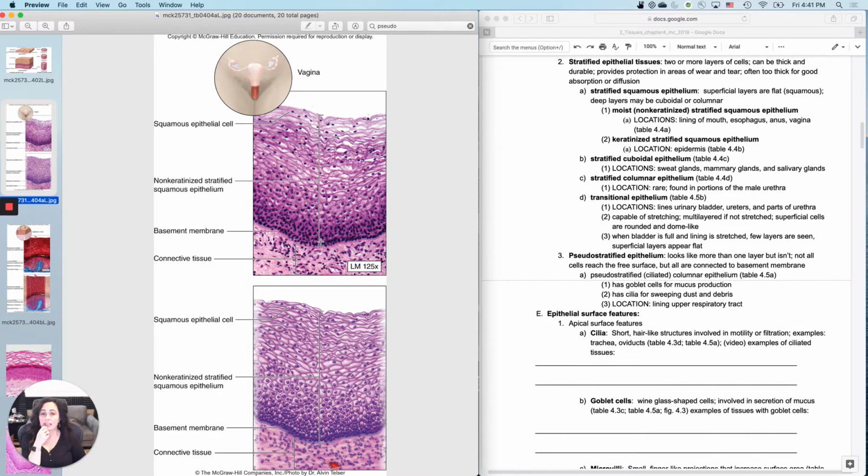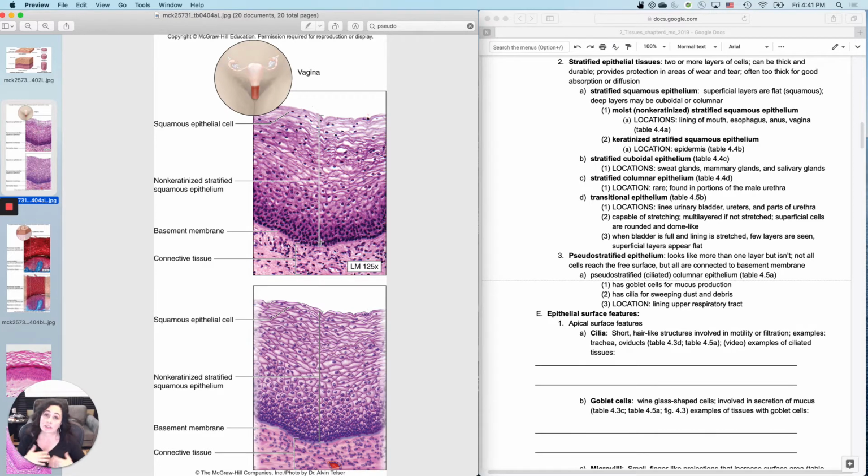This one is found lining the oral cavity and also lining the vagina and the distal end of the digestive tract, the rectum. And it has a fast rate of cell division and regeneration, and there's lots of cells that you can pull off the surface without actually doing significant damage to the tissue.